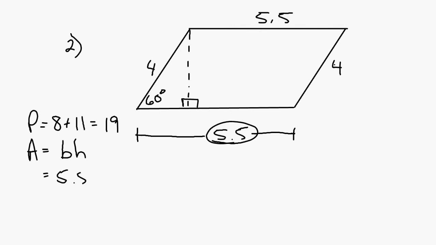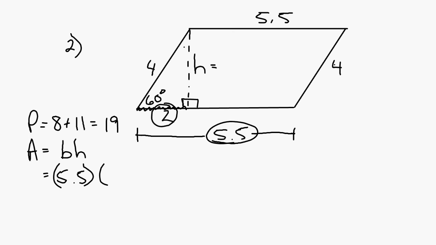You need the height, which is right here. In a 30, 60, 90 right triangle, the short leg of that little triangle is half its hypotenuse. So 4 divided by 2 is 2. The long leg, which represents the height, is equal to this number times the square root of 3.